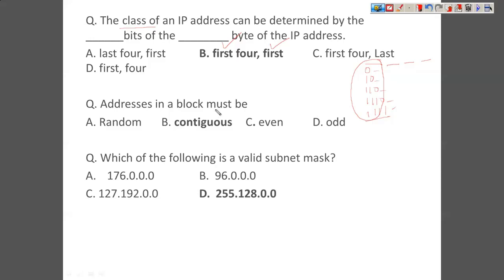The addresses in the block must be contiguous. This is important. Whenever we assign any block, any range of addresses, it must always be contiguous. So if I am saying that 100 addresses are assigned to an organization, that means the 100 addresses must be like this: from 100 to 200, or from 500 to 600.